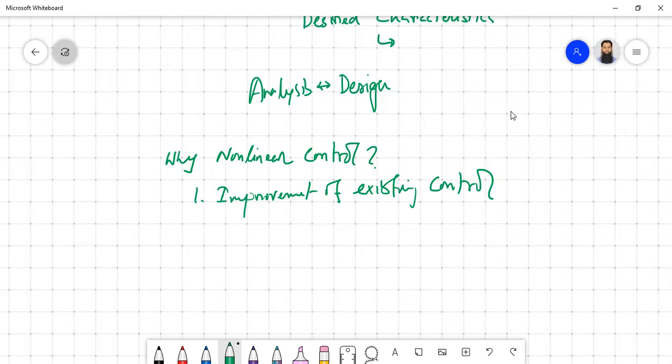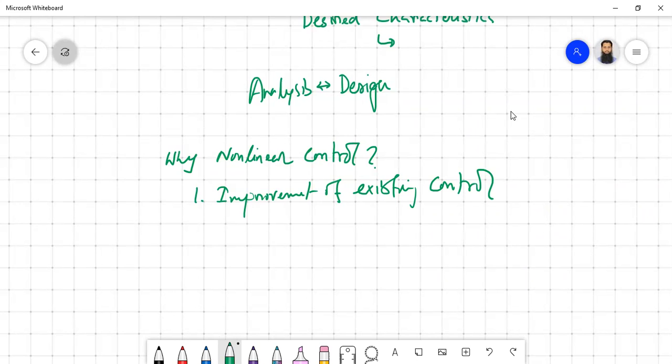So we linearize in a very small domain of operation and try to operate the system around that small zone. But in most cases, if nonlinearity is involved, the controller loses its precision. So it is always better to go for nonlinear control, which allows us a large range of operation directly.